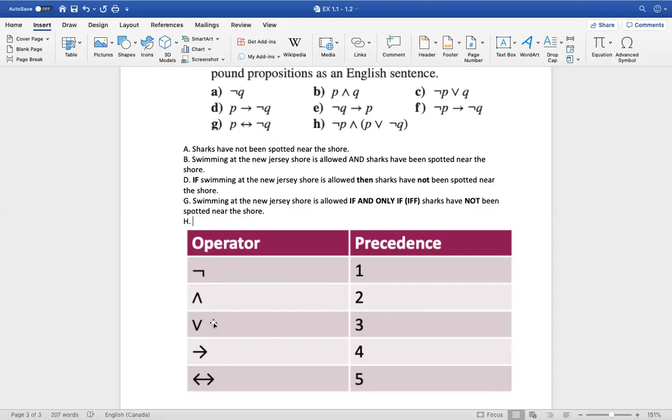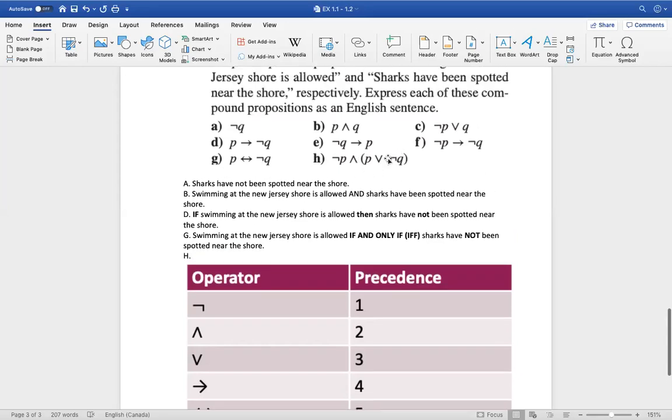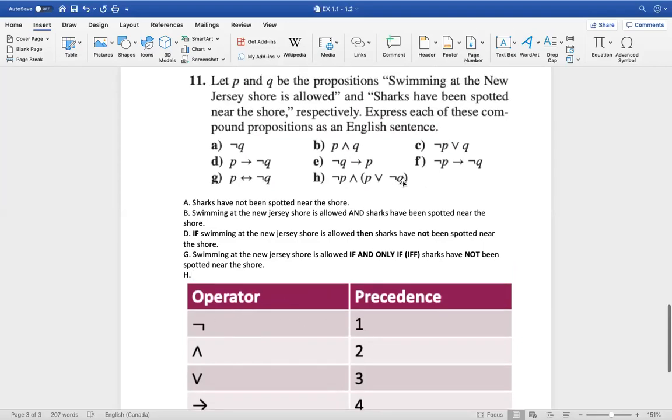that negation of P and P or negation of Q. So let's solve this inner part first. And let's put this negation of Q statement out first because that has the highest precedence, right?